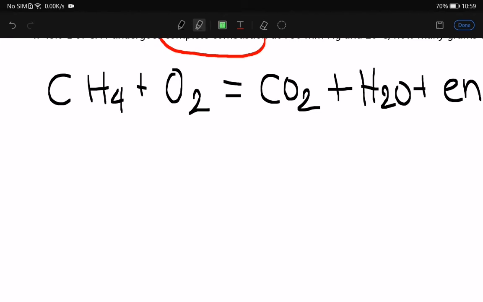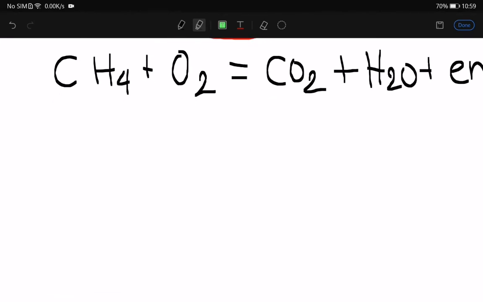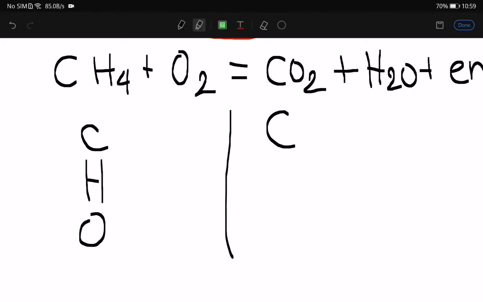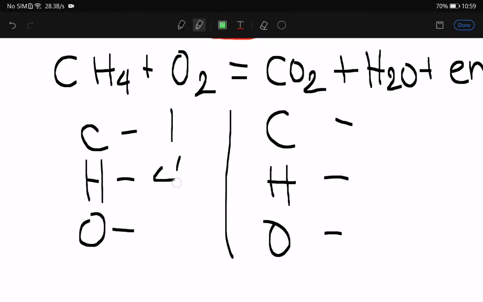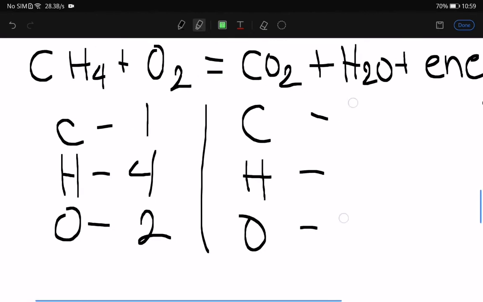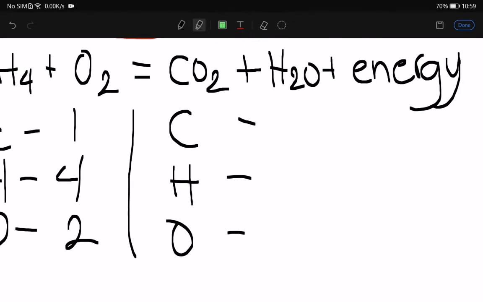Because if you look here, bigyan muna natin yung mga important terms. So we have 1 carbon, 4 hydrogen, and 2 oxygen. Over on this side, we still have 1 carbon, and then we have 2 hydrogen and 4 oxygen.